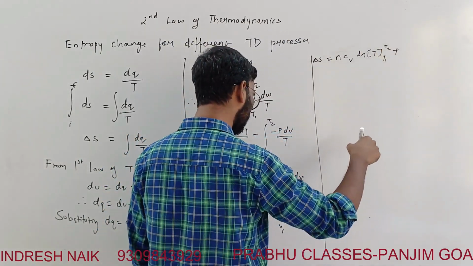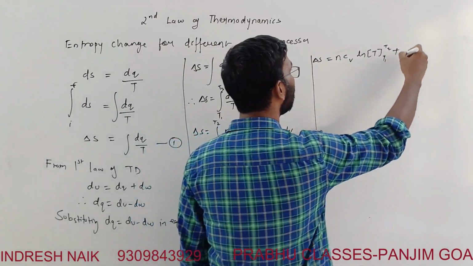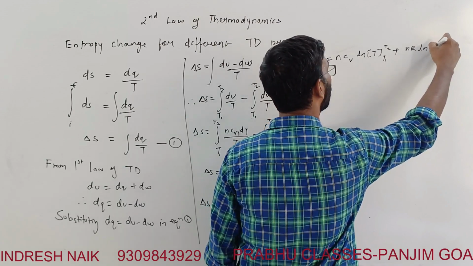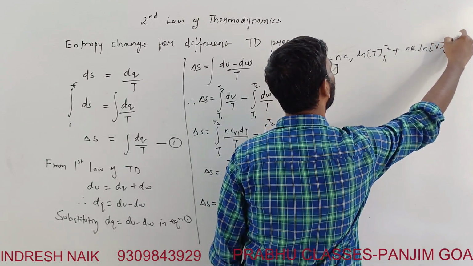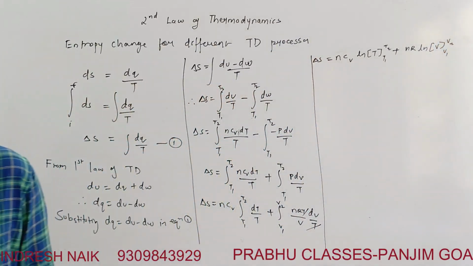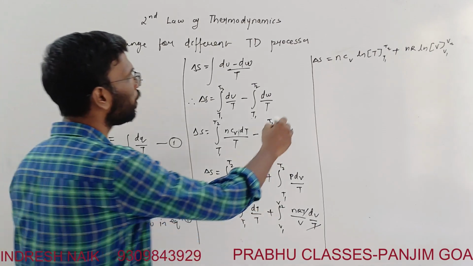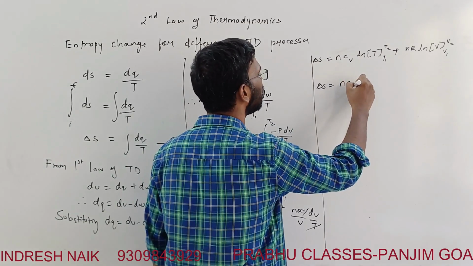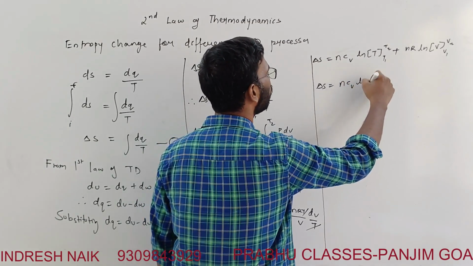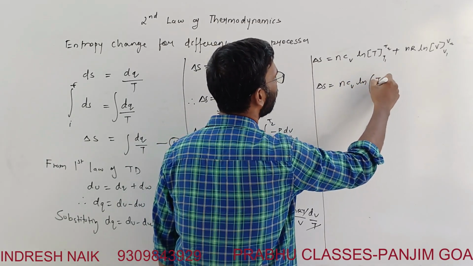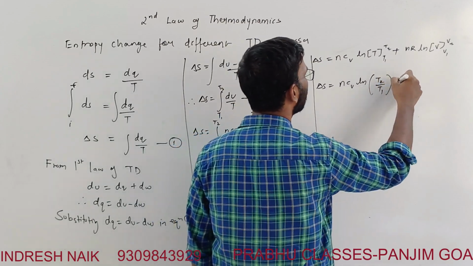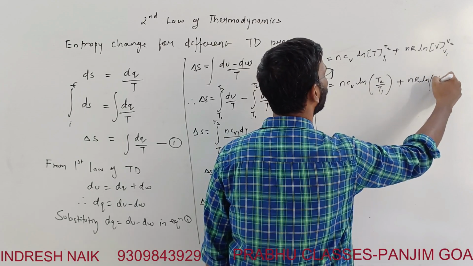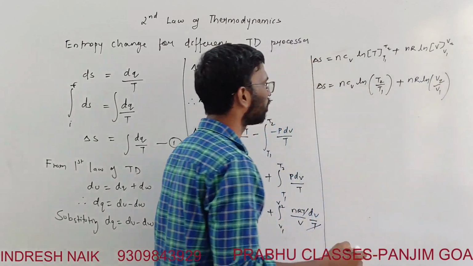This will be nR natural logarithm of V1 to V2. This would be the thing over here. So if we solve this further, this n Cv will be ln of T2 by T1 plus nR ln of V2 by V1.